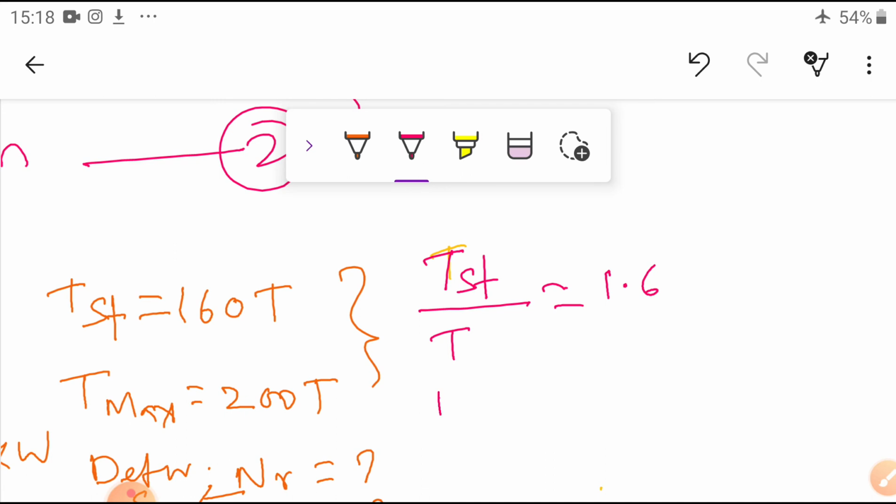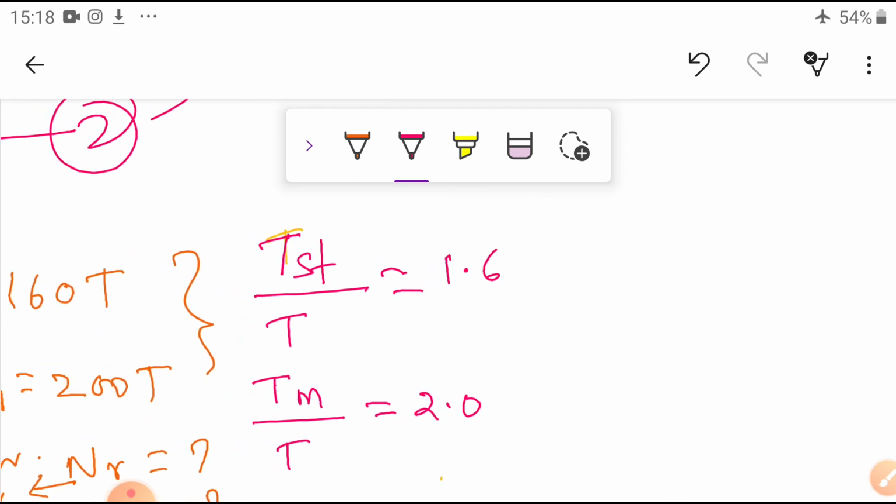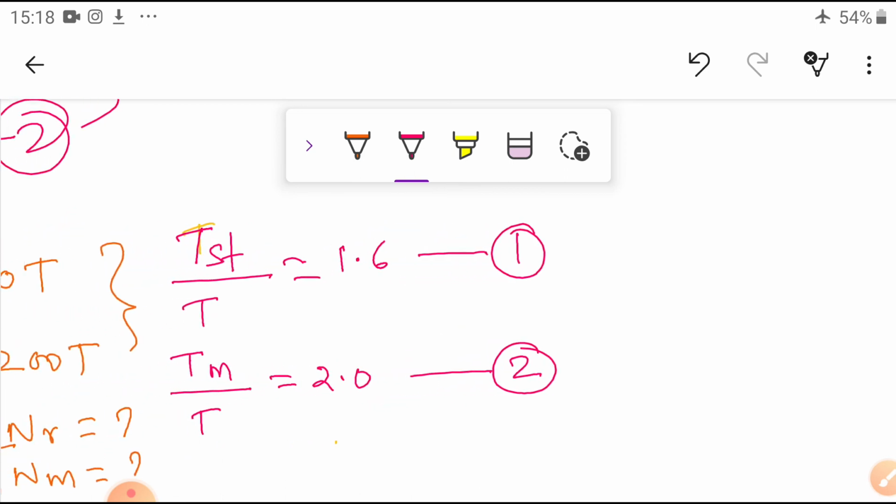Now, this is T max divided by T full load is equal to 2 given. Okay, but we know that this is the first equation, this is the second equation given. Now, you can write it as 1 by 2. What will happen? 1 by 2.